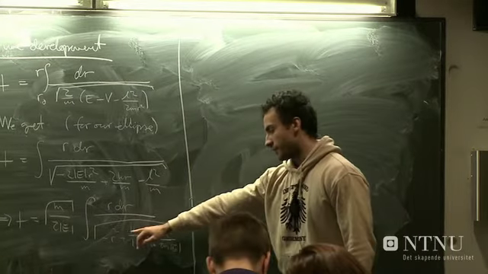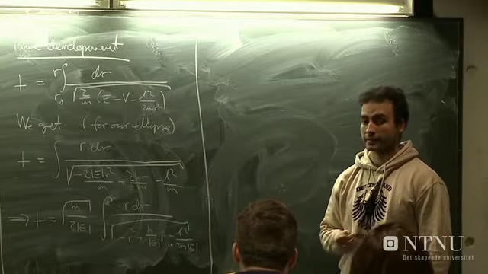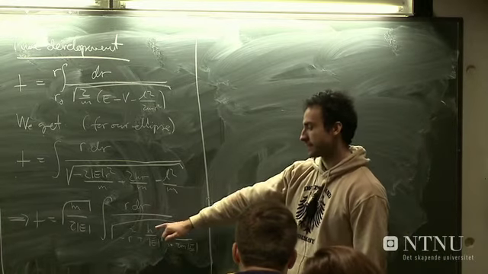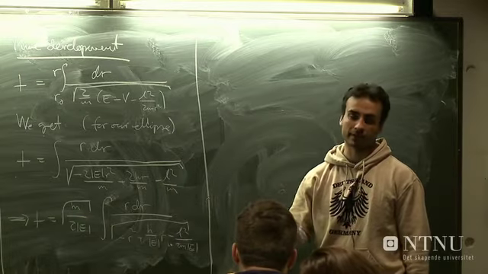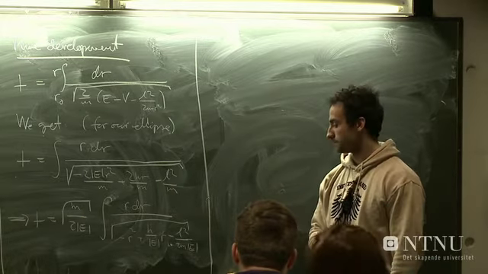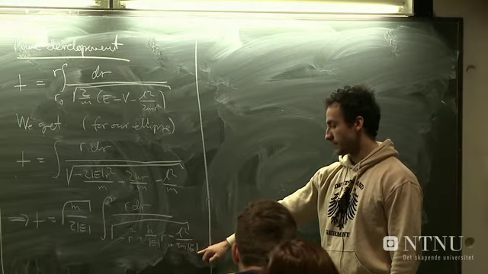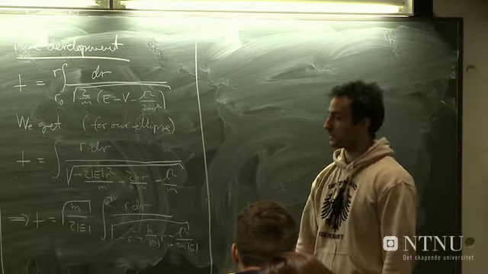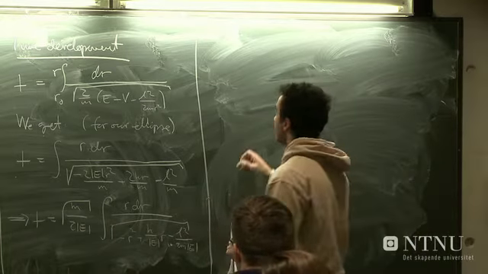Now, if we consider this expression inside the root, we may see some familiar quantities. For instance, k over the absolute value of E is equal to the major half-axis, or twice it, A. Whereas this term is related to B. It follows from our definitions over there. This is B squared, actually.